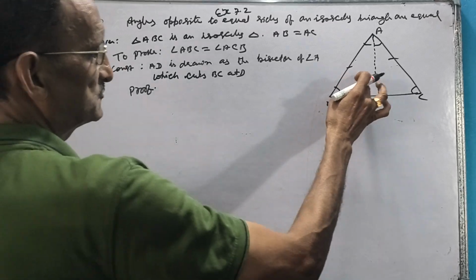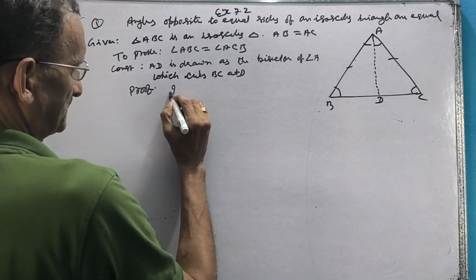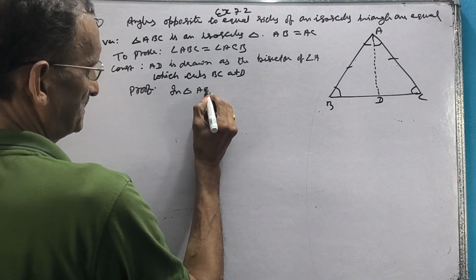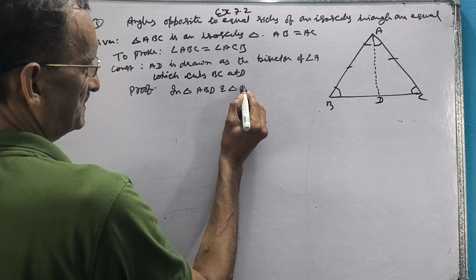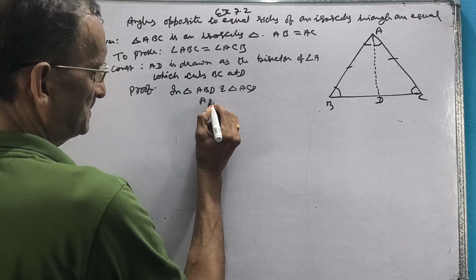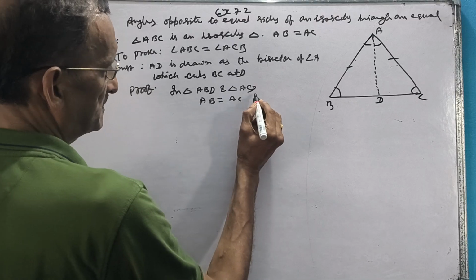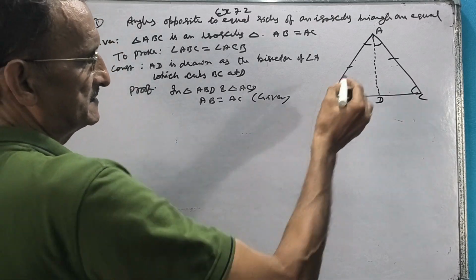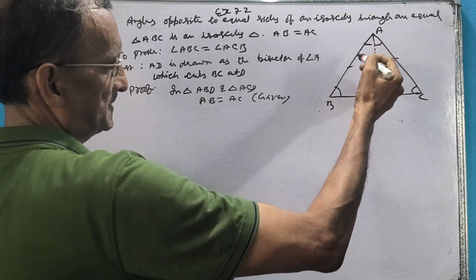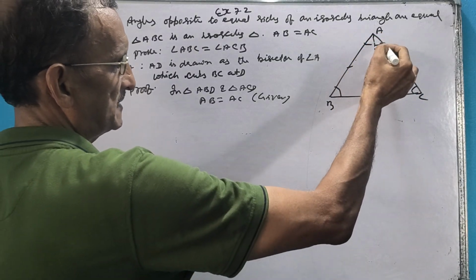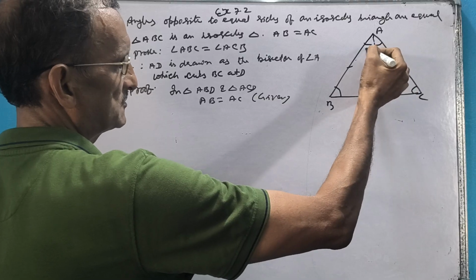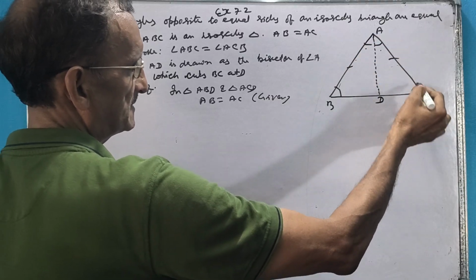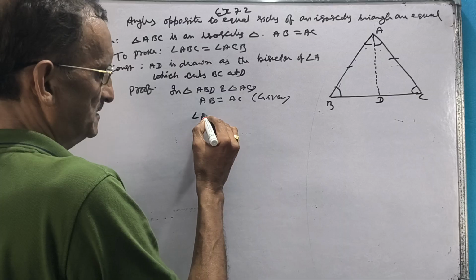Now proof. Very simple. Take the two triangles. In triangle ABD and triangle ACD, AB equal to AC, given only. See, we have drawn AD as the bisector of angle A. What is the meaning? AD divides angle A into two equal parts, that is angle BAD and angle CAD are equal. So we can use it.